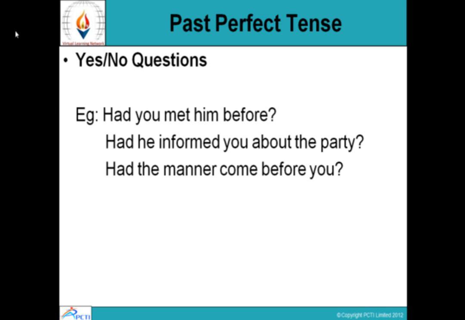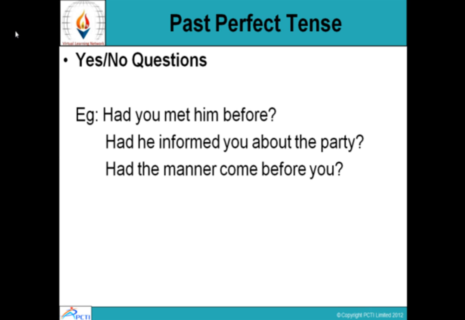Yes and no questions. Same formula. Bring the helping verb in front. The question should start with the helping verb. And in this case, the helping verb happens to be had. So had, subject, you, and the main verb met. Third form, meet, met, met. Had you met him before?